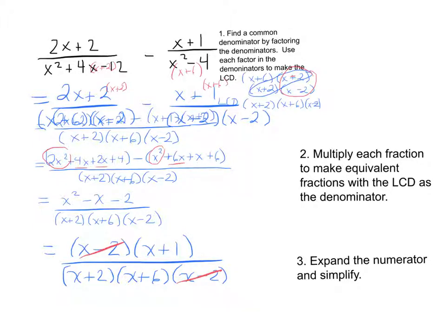Reduce by that common factor. So we're left with, as our final answer, x plus 1 over x plus 2 times x plus 6. And then non-permissible values, x cannot equal negative 2, negative 6, and 2.